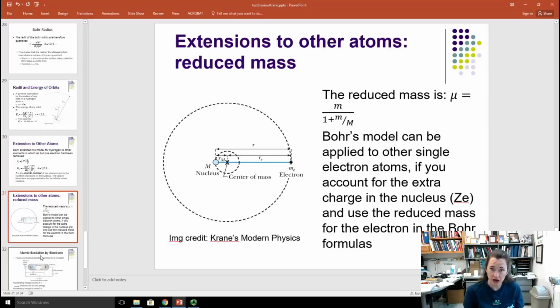But if you have a different kind of atom, let's say something like positronium, where you have an electron and a positron orbiting their common center of mass, then the reduced mass would go to 1/2 of the electron mass. So if you have something other than electrons orbiting big fat nuclei, then this reduced mass correction becomes more important.